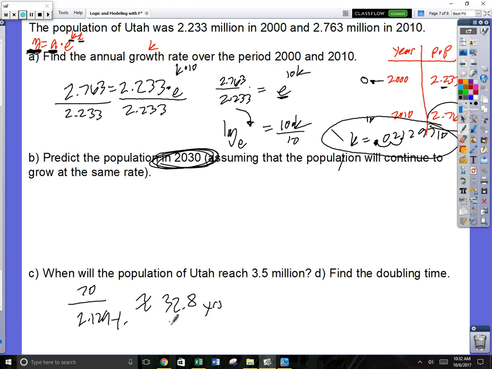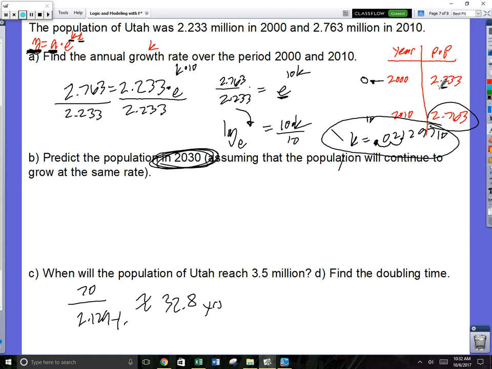That's an approximation. If we want to figure it out exactly, I'm going to take the doubling, so 2.233, and times that by 2. So let's double that. 2.233 is going to be 4.466. Okay, so that's my end result.